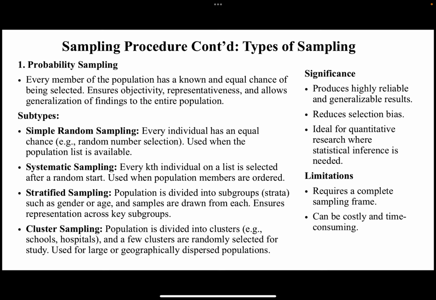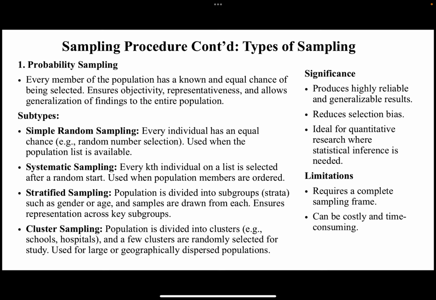The key thing with probability sampling is that it is a form of sampling where every member within the population has a known and equal chance of being selected. You see, in a sampling procedure, we have a population, but we can't use the entire population.